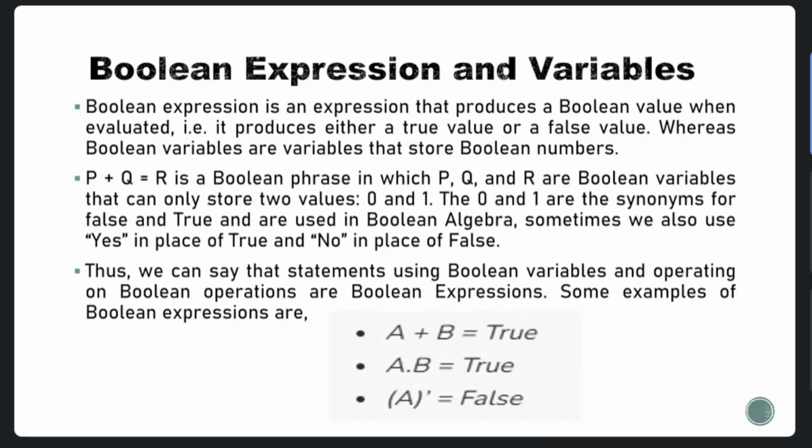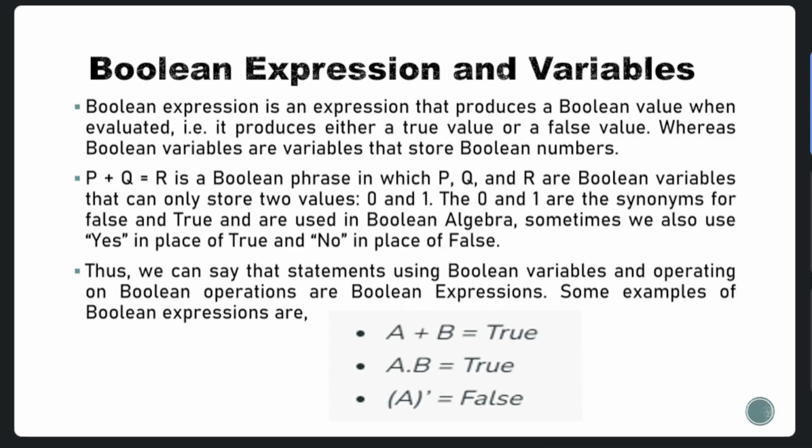P plus Q times R is a Boolean phrase in which P, Q, and R are Boolean variables that can only store two values, 0 and 1. The 0 and 1 are synonyms for false and true and are used in Boolean algebra. Sometimes you also use yes in place of true and no in place of false.